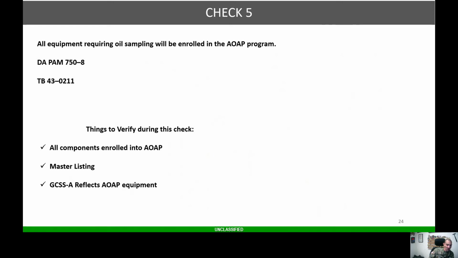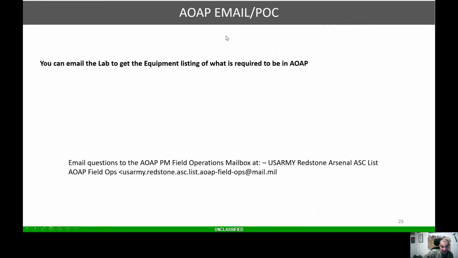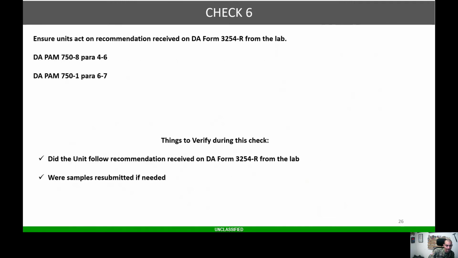If it's an ERP or alert dispatchable, you may have to add AOAP there. For the AOAP email and point of contact, you can email the lab to get the equipment listing and what is required in AOAP. Right here is the email you can use. Basically, you email and give them your UIC or your battalion UIC, and they will pull what is actually required to be in the Army Oil Analysis Program.